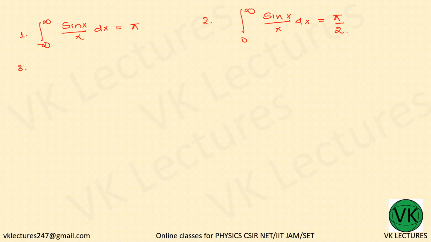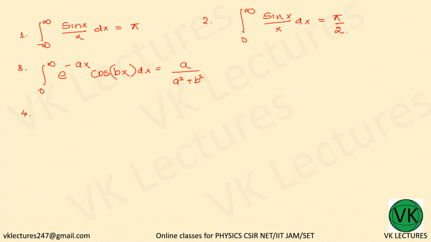Third one, integral from 0 to infinity e to the power minus ax into cos bx dx equal to a divided by a square plus b square.